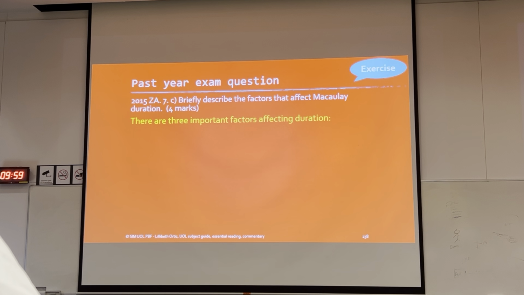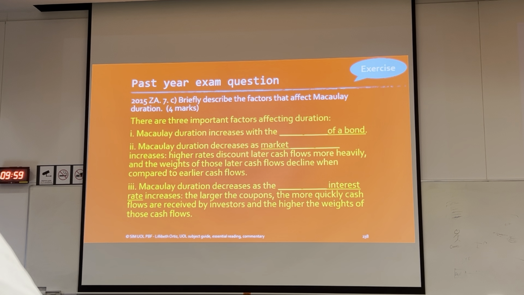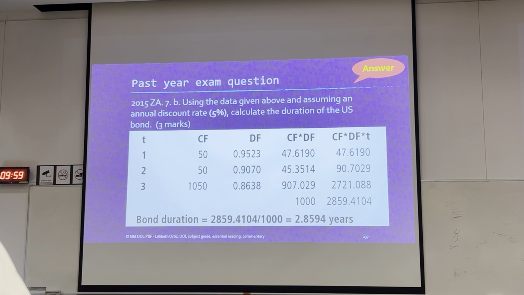All right. So describe the factors: what would affect the Macaulay duration? Now, just by looking at this, what are the factors that would increase or decrease your average life?